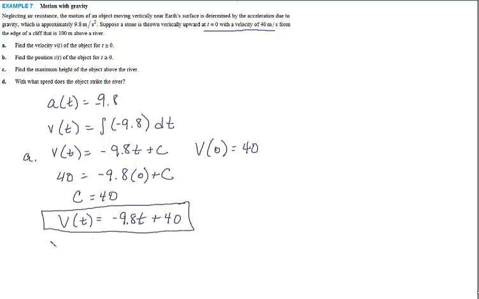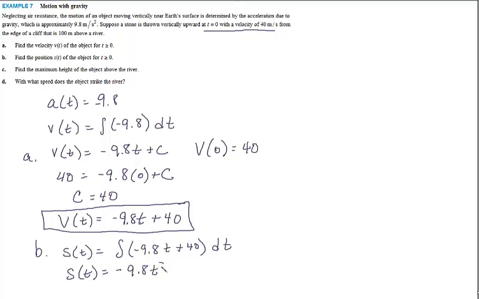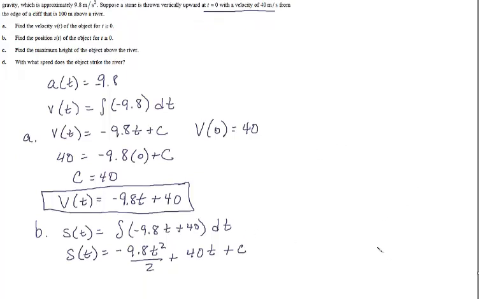Let's do the position equation. I will take the integral of my velocity, so that is negative 9.8t plus 40 dt. Alright, so I now have s of t is negative 9.8t squared over 2 plus 40t plus some constant. I bet they give me a little bit of information there.